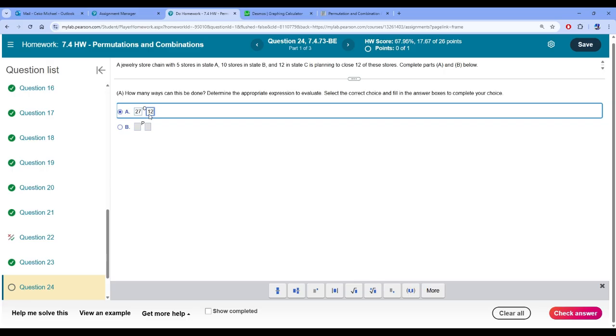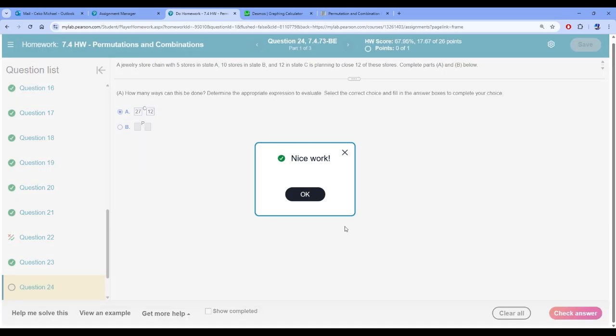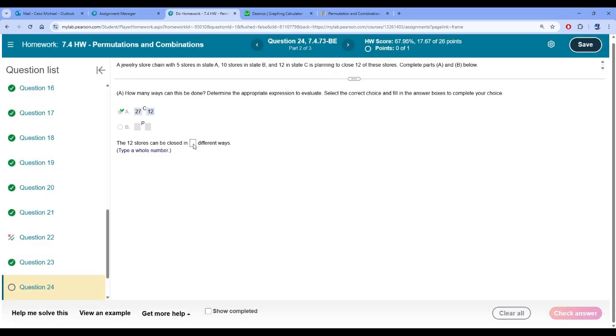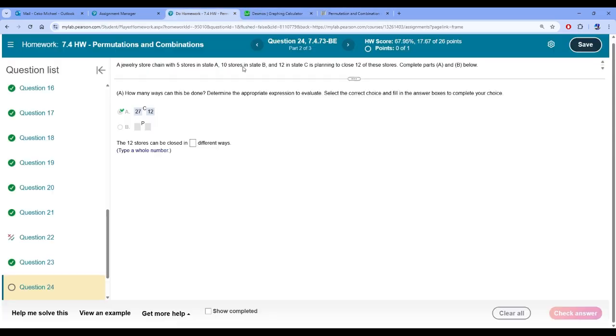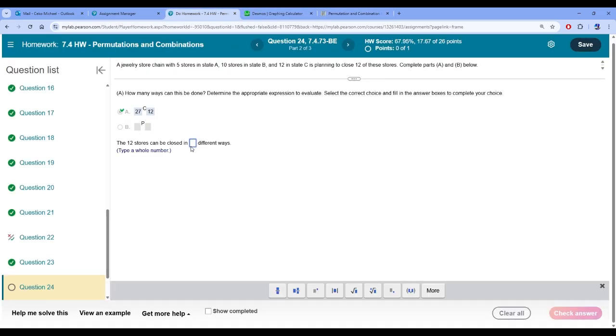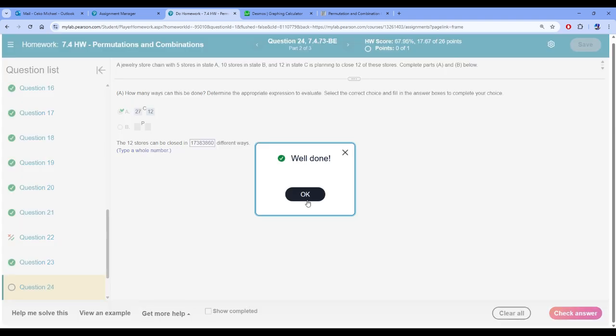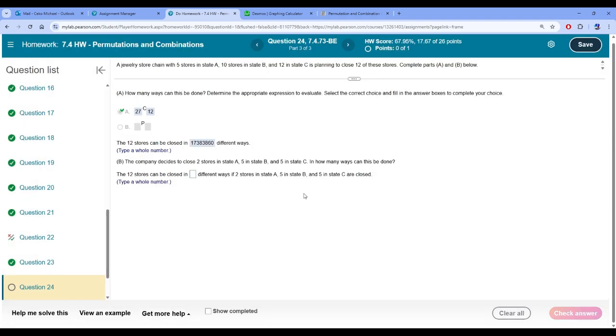I'm picking any 12 of those. 27C12. Oh my goodness. A lot of stores, a lot of possibilities.